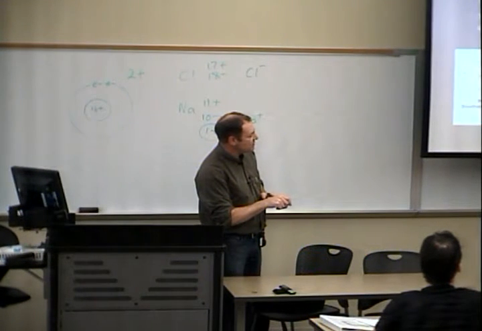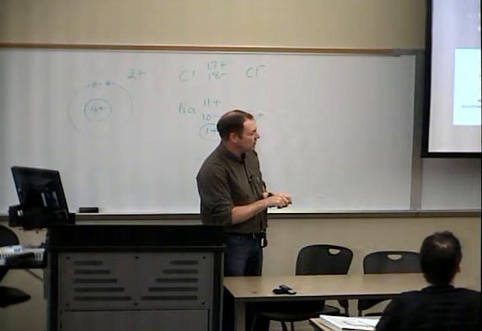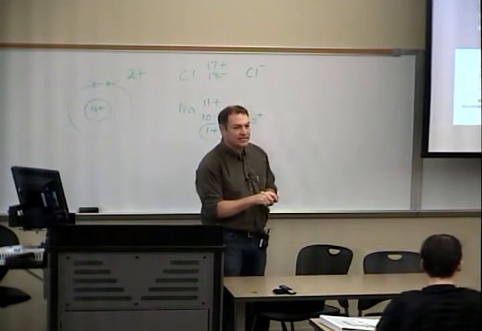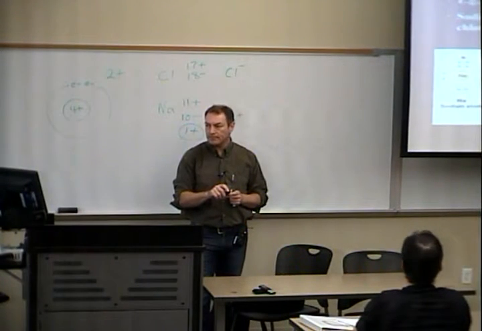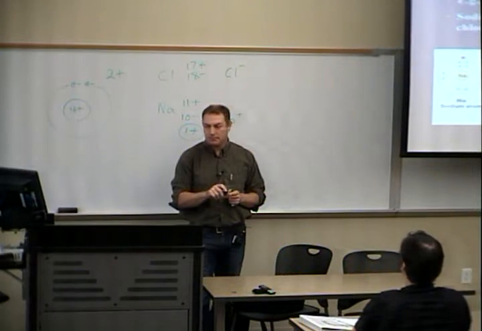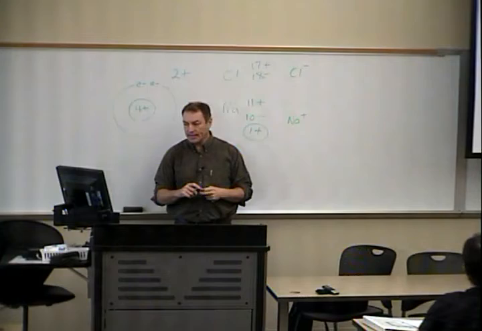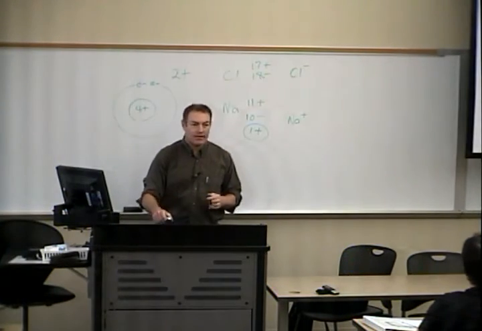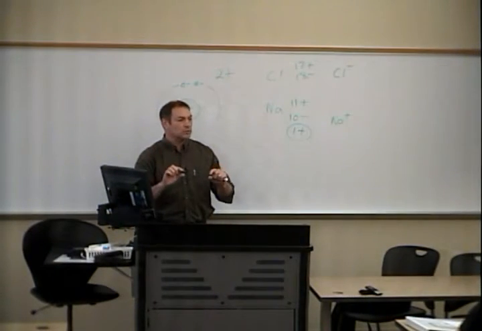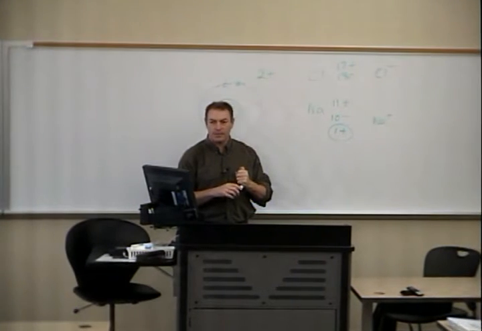That positively charged ion is strongly attracted to that negatively charged ion, and that attraction is an ionic bond. We don't represent ionic bonds with a line. What are the only bonds we represent with a line between the two atoms? Covalent bonds. Ionic bonds we don't represent with a line.